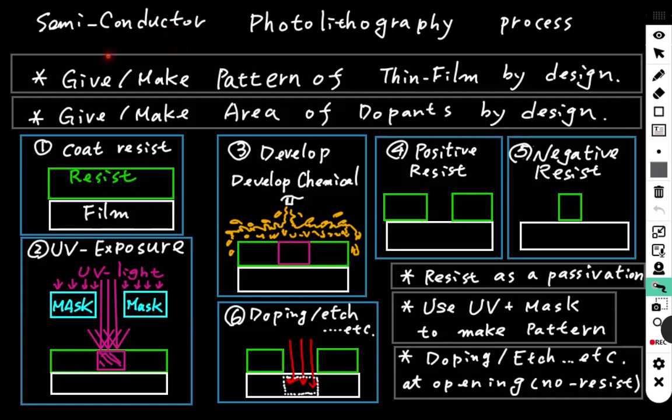This process gives us, or we can make, the pattern of thin film by design. And by design, we can make the area of dopants, make the pattern of thin film and the area of dopants.